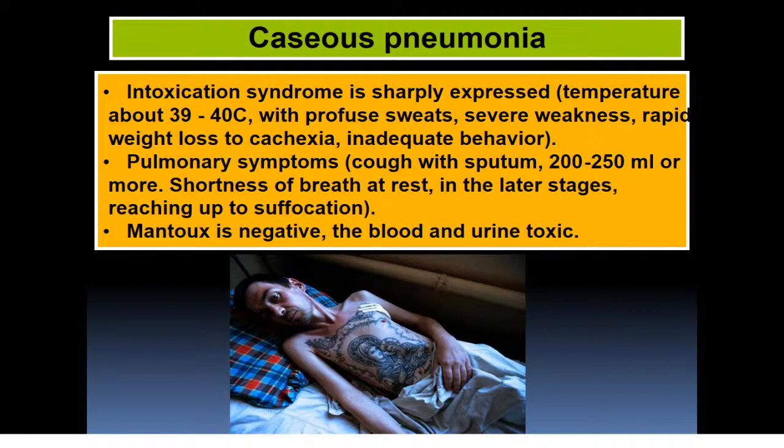And in urine we can find signs of toxic kidney: erythrocytes, leukocytes, proteins, and hyaline cylinders. Signs of toxic urine.